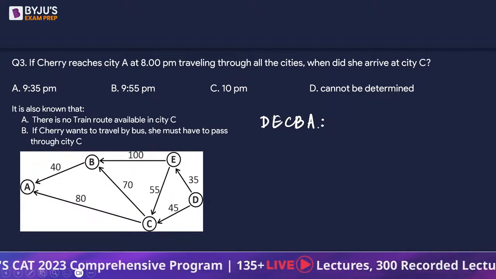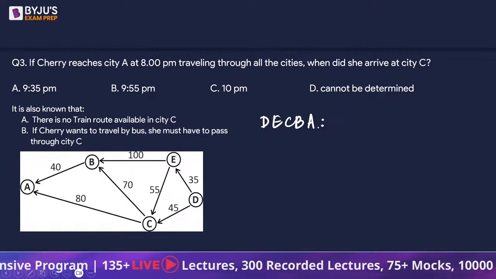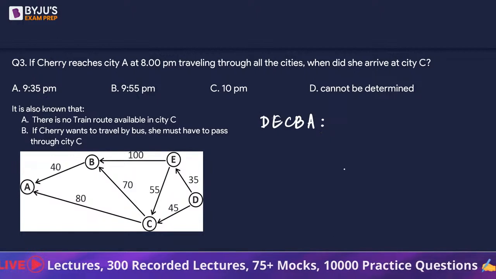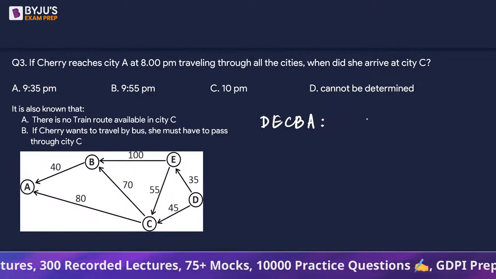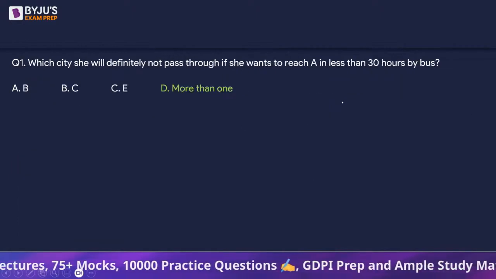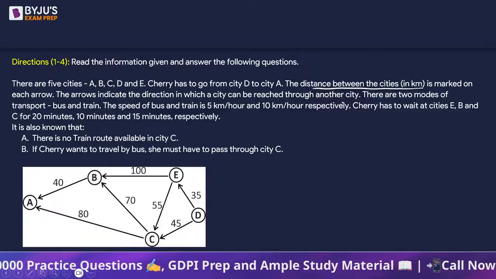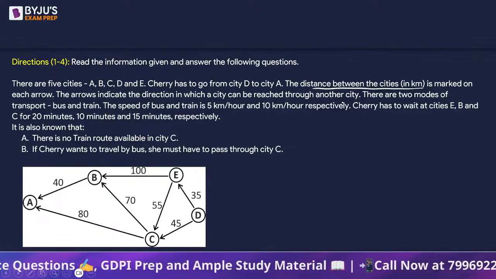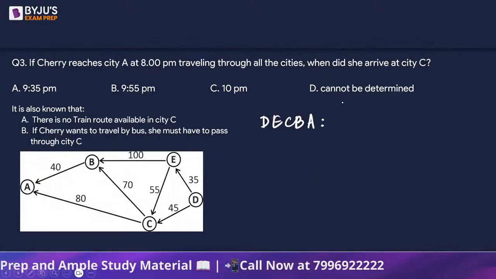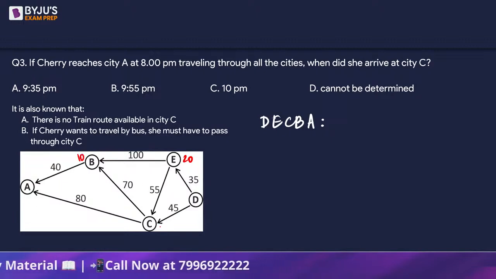And since C doesn't have the train path, so can we have, hold on, let me just go through. Okay. So this is 20, 10 and 15.